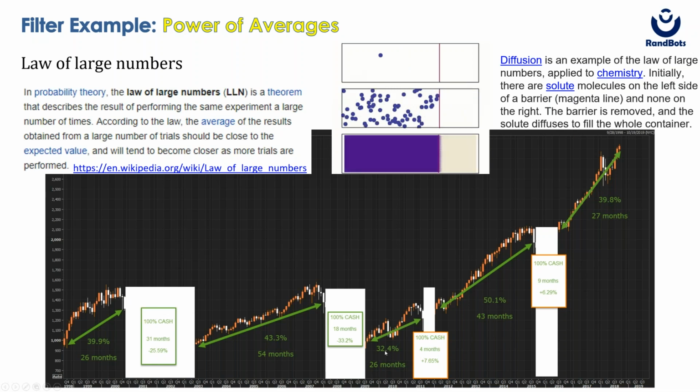Look, 26 months, 39 or 40, and then here 32. Then for this little four months, the market actually traded higher. We lost about 7.6% because we were not invested.